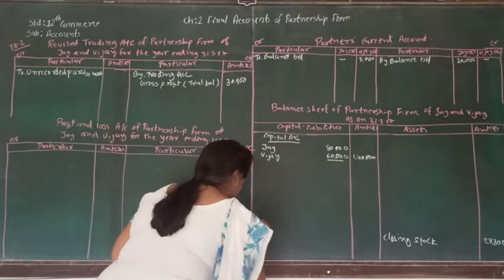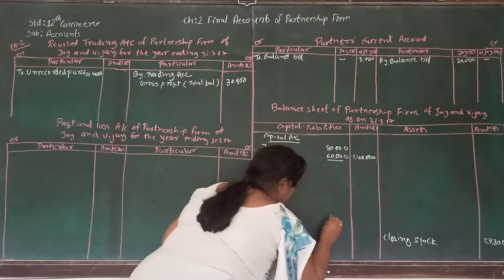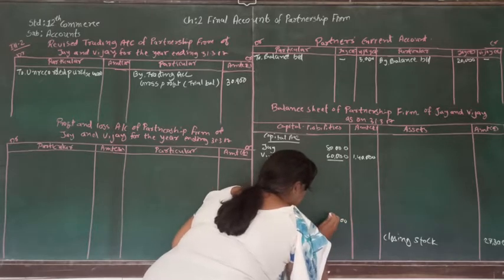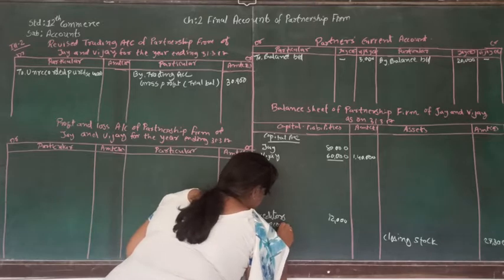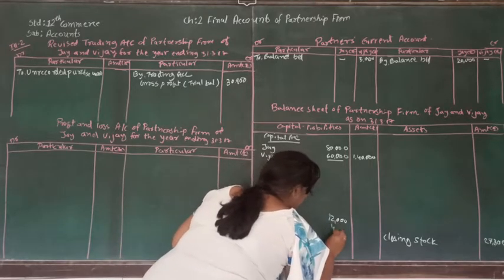So creditors are 12,000 plus unrecorded purchase of 4,000.